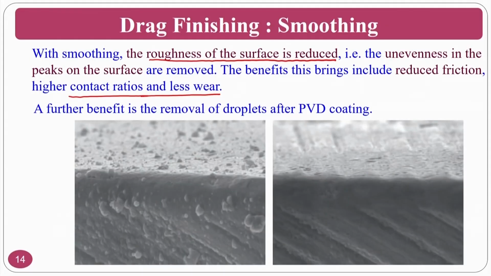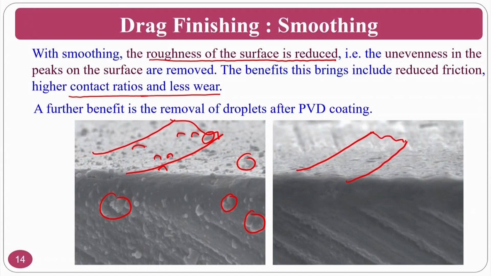What is the problem? The droplets or some of the features, nano features or micro features, will be on the surface. Assume that if the chip is moving on this PVD coated cutting tool, what will happen? These particular portions will hamper the cutting chip velocity. It will obstruct the chip velocity. For that purpose, you should always go for the drag finishing process, so that the surface will get smooth and your chip will move as per the requirement and your frictional forces will be very less.